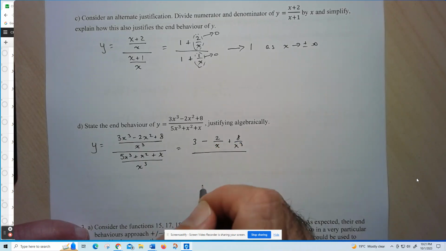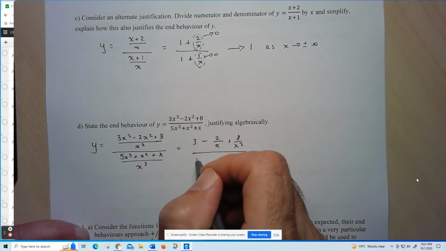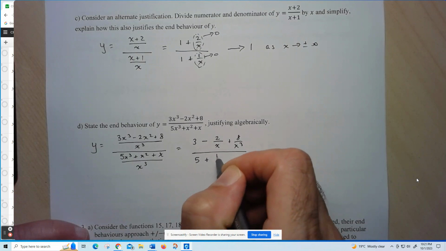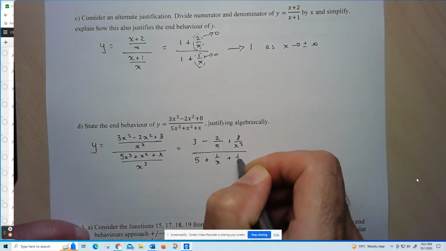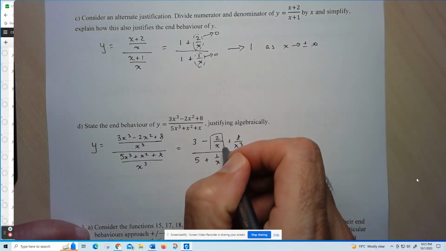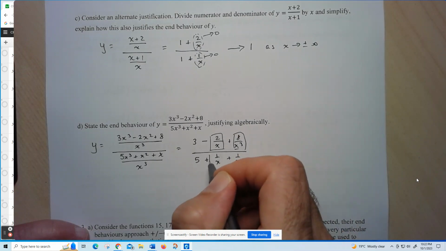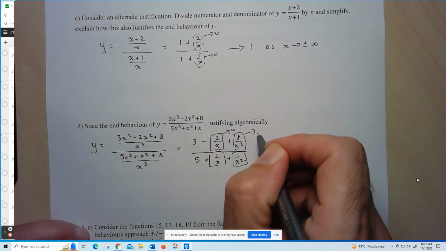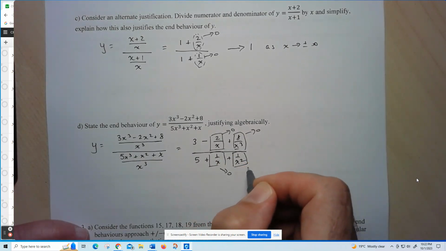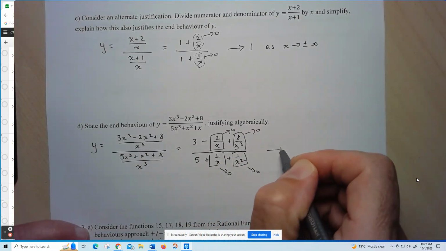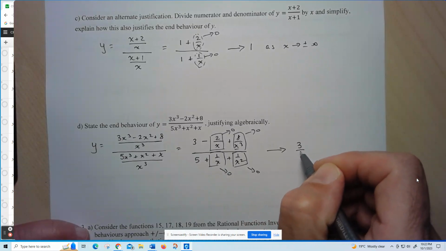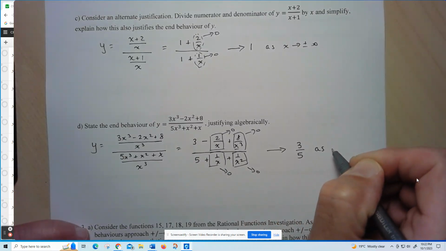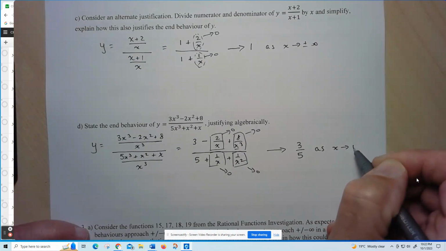Okay, and similarly in the denominator here, we're left with 5 plus 1 over x plus 1 over x squared. And all of these terms that are not part of the leading term all approach 0 as x gets very large or very small. And so what does the whole thing approach? Just 3 over 5, as we would anticipate.